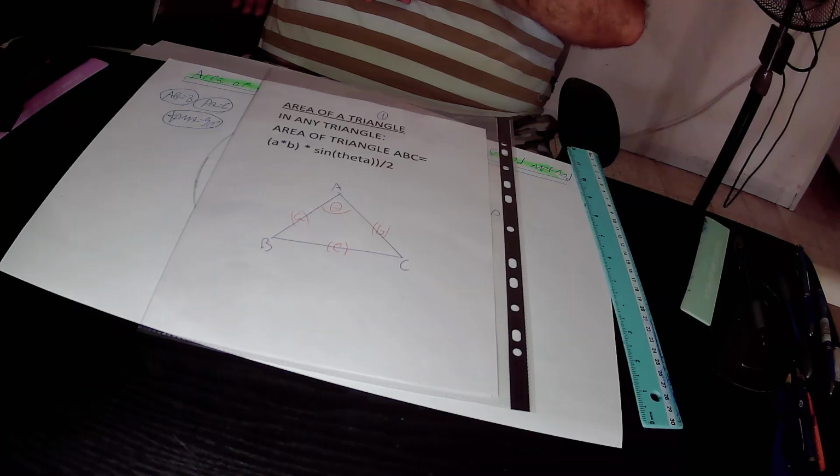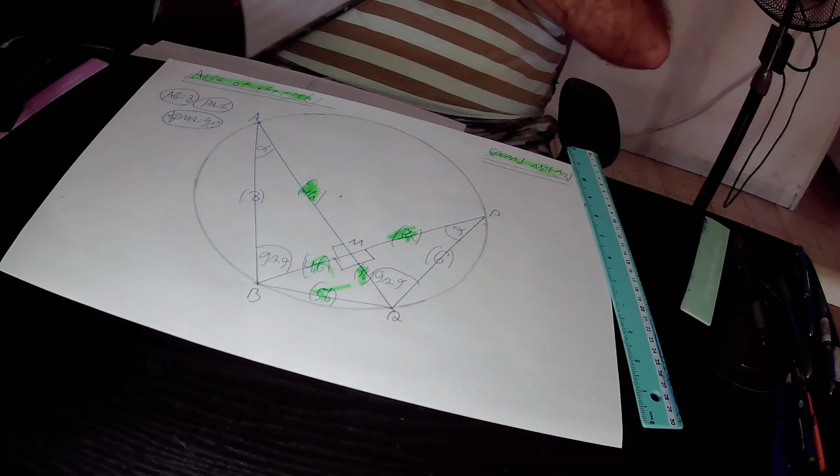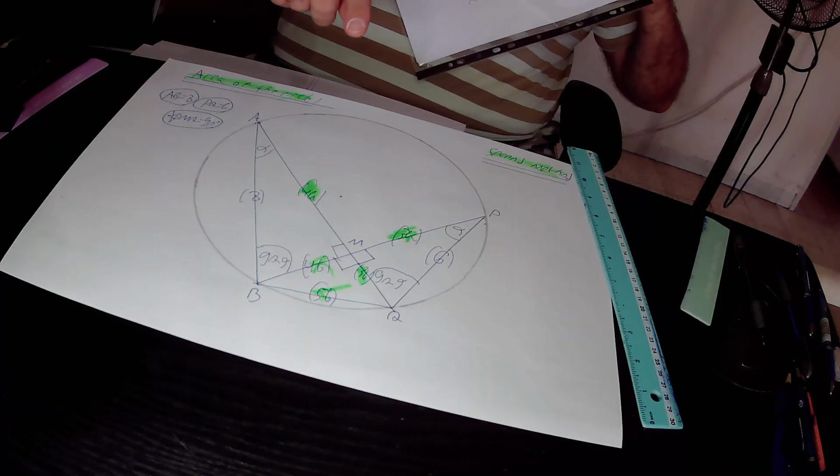So I can implement the new rule in order to find the area of this triangle ABQ.